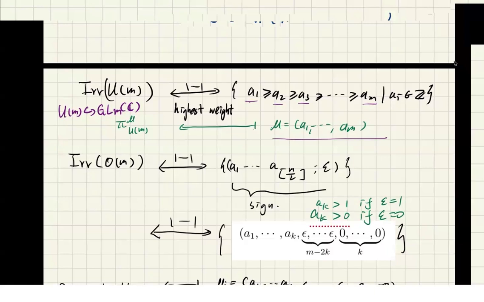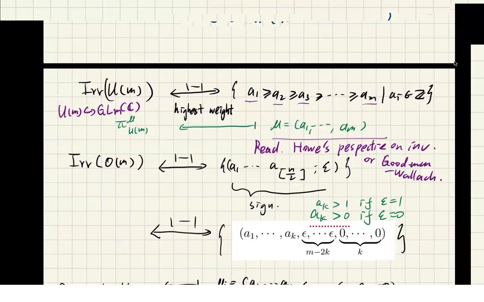Okay, so how do you realize this representation concretely? I suggest you can read either Howe's perspective on invariant theory or Goodman and Wallach.